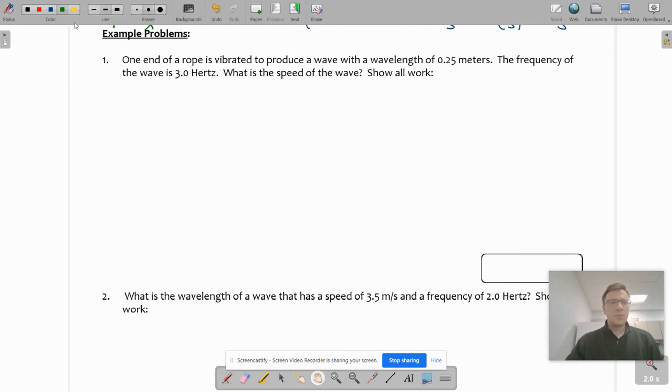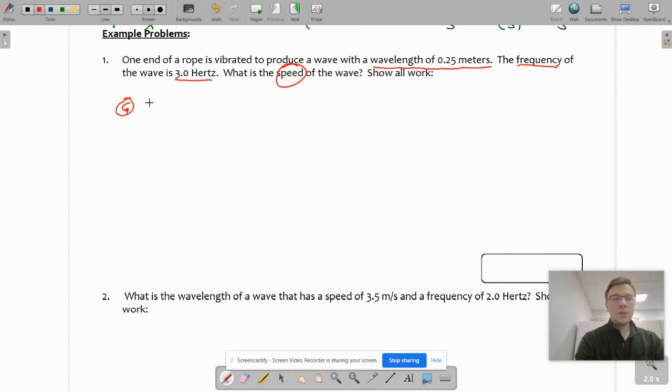So the first example problem says one end of a rope is vibrated to produce a wave with a wavelength of 0.25 meters. The frequency of the wave is 3 hertz. What is the speed of the wave? Okay, so let's write out our givens here.